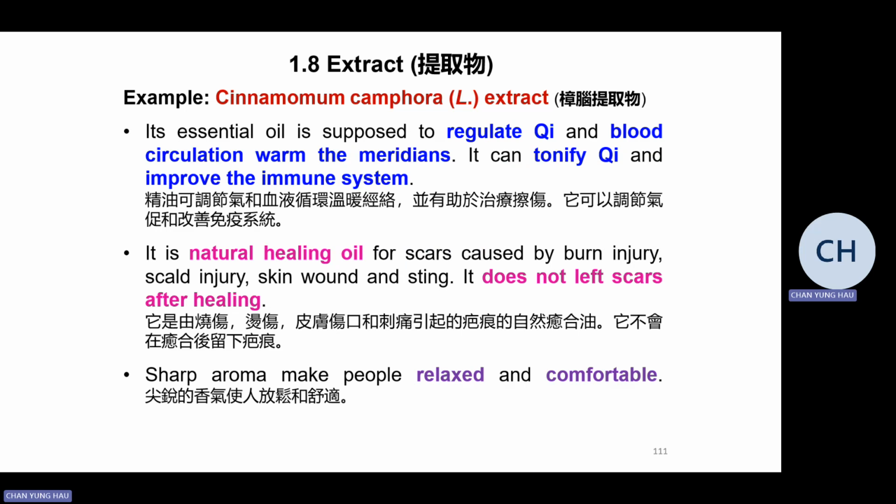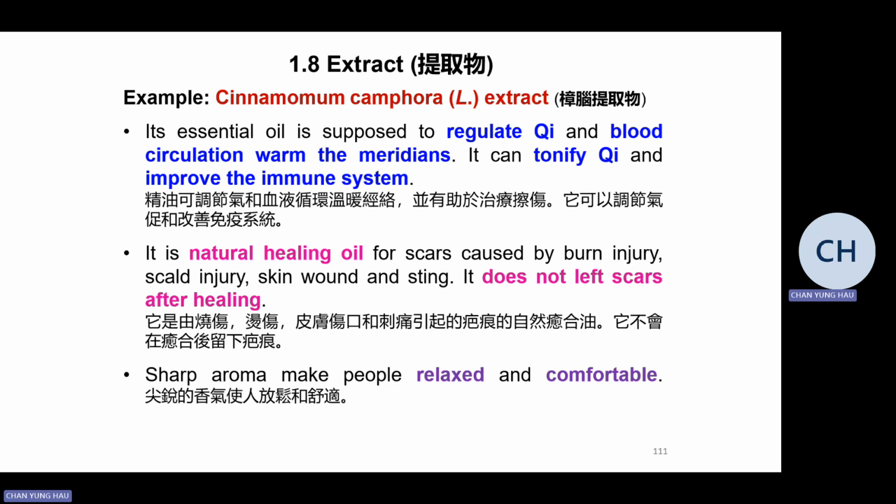The essential oil from this camphor extract is supposed to regulate the qi, the blood circulation, and warm the meridian. It can also tonify the qi and improve our immune system as a result.